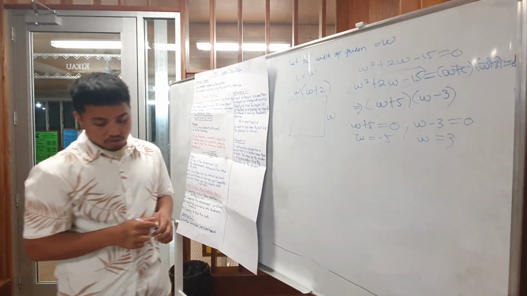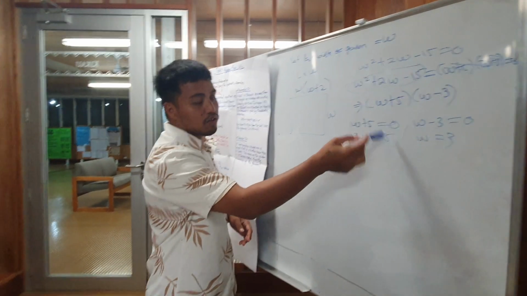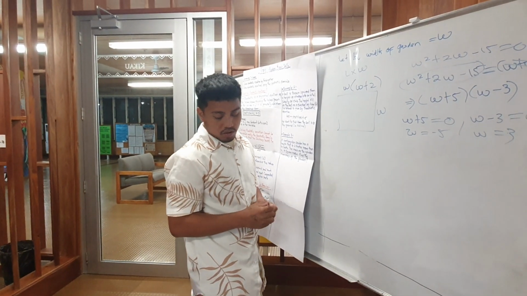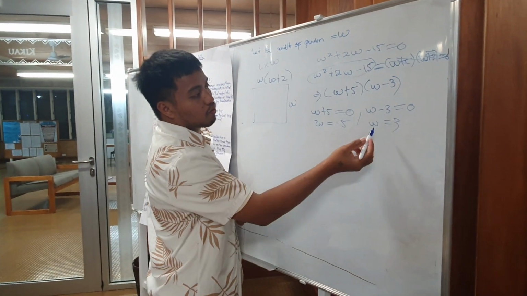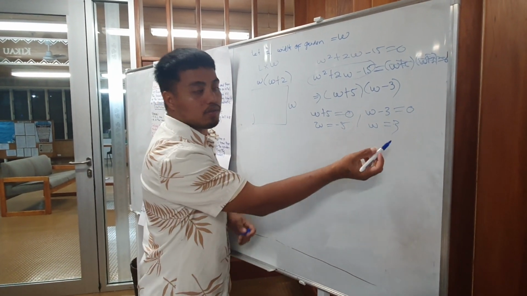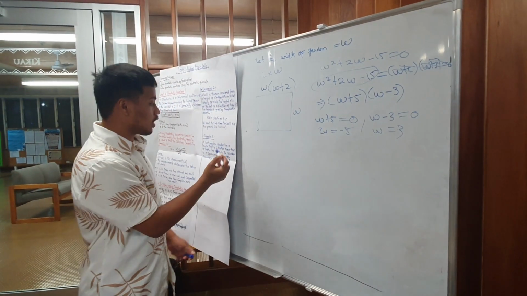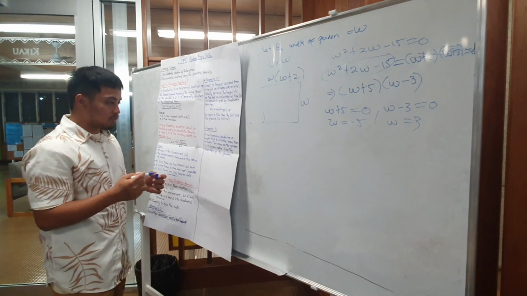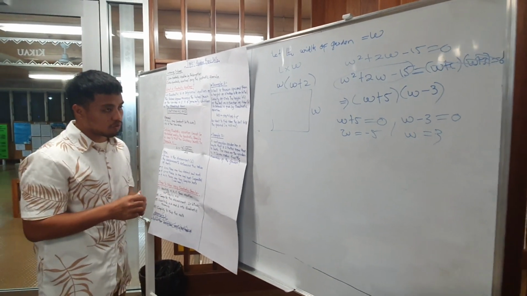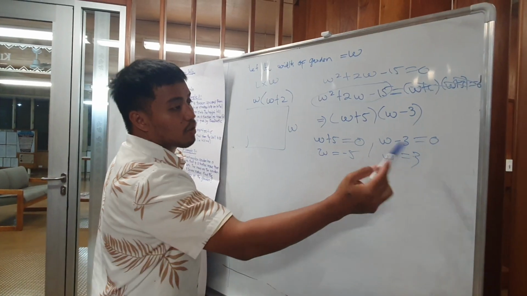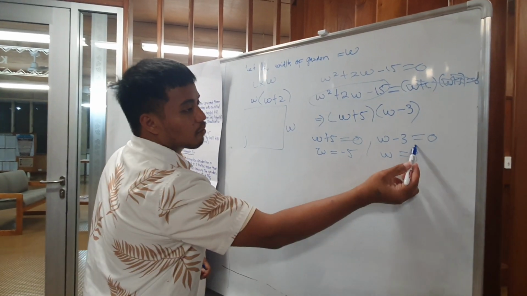So you get those two values of the width. In this case, you need to find the dimensions of the garden, so for the width you have to take the positive answer.